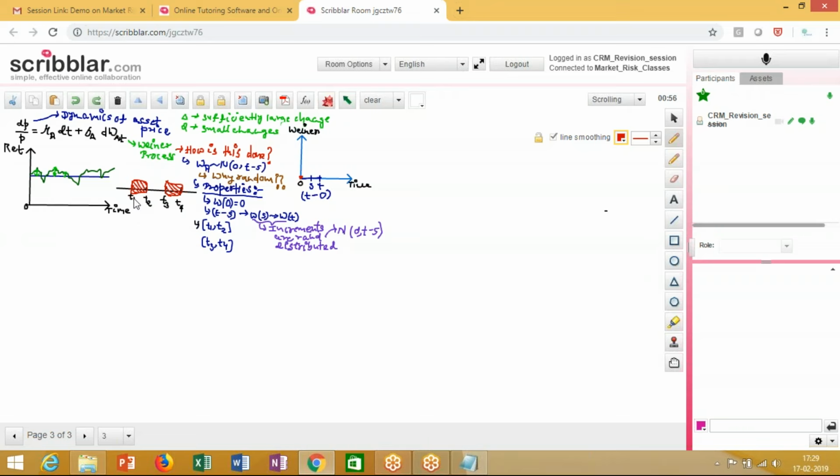So the next part that comes in over here is, these are two elements, right?